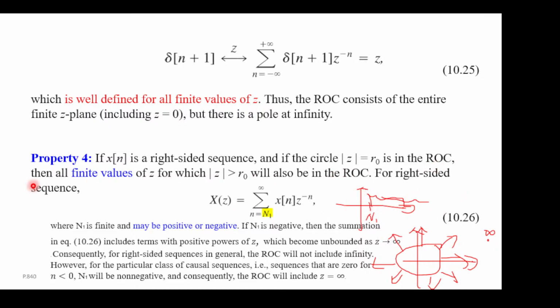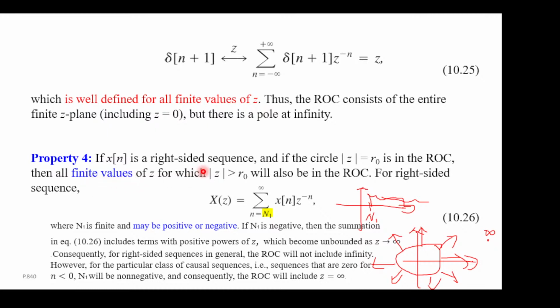For the Laplace transform the ROC should be right-sided, and for the Z transform it means the ROC should be like an outer ring going to infinity. In a more algebraic way, we say that if some radius is in the ROC, then every finite z that's bigger than that radius is also in the ROC.